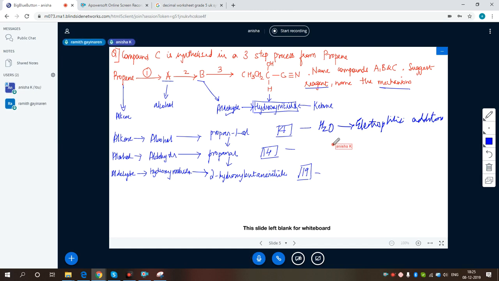The 19th one is KCN, and that's nucleophilic addition. So you understood how this is happening? Refer to both the tables, the summary one with the arrow marks, and the table. With the help of these two only, you can identify the answers.